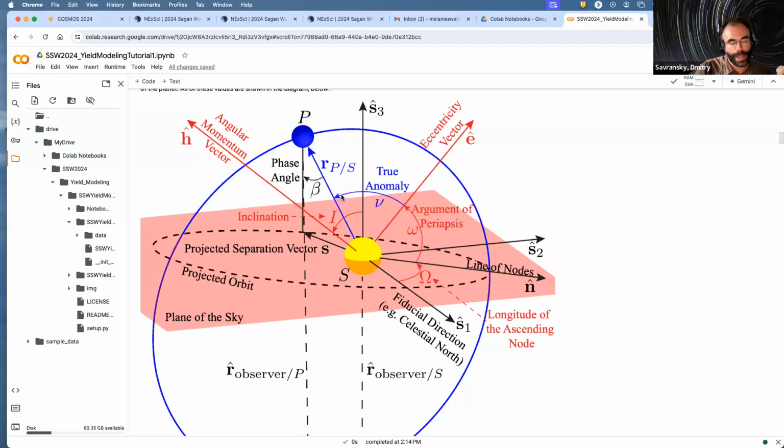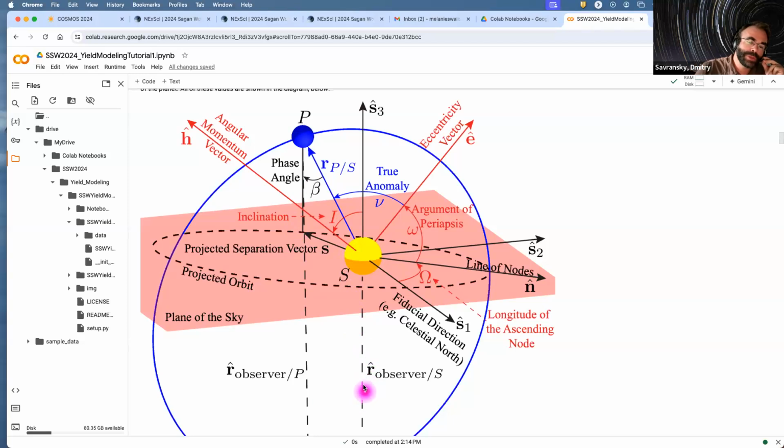Finally, there's another angle that we can calculate, which is this angle beta. Beta is the phase angle, and it's very important. The phase angle is the illuminant-object-observer angle. So star, planet, you, or your telescope, or your space observatory.